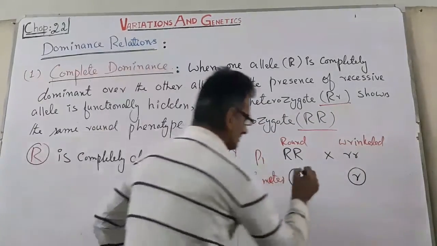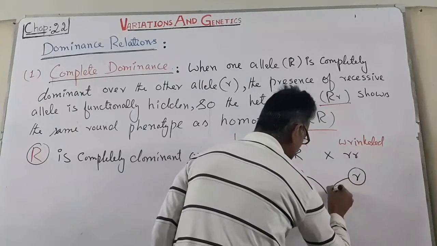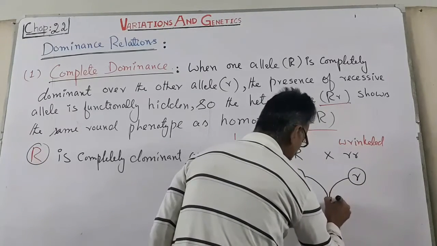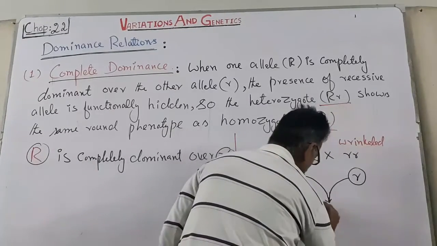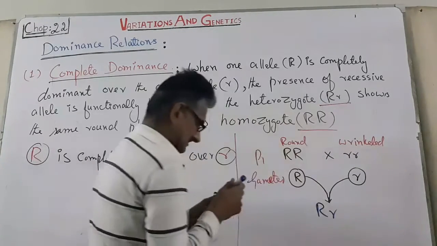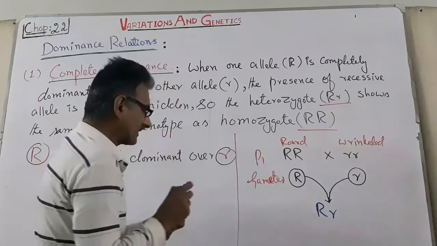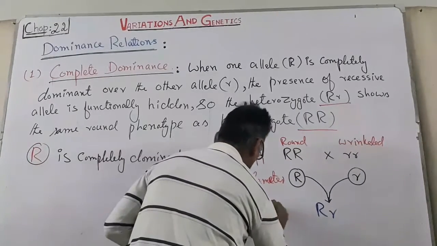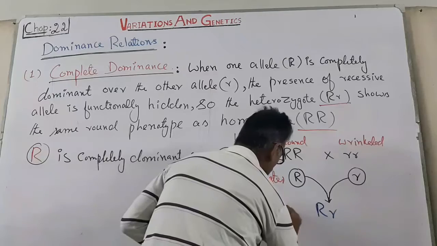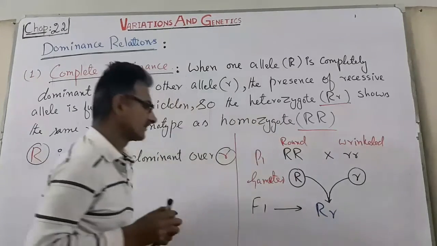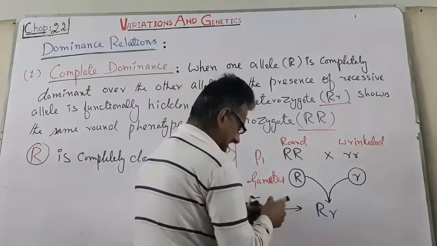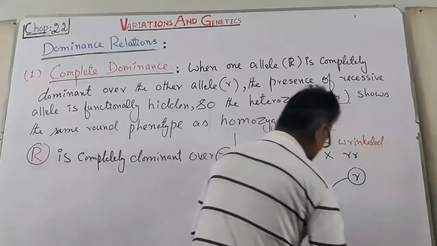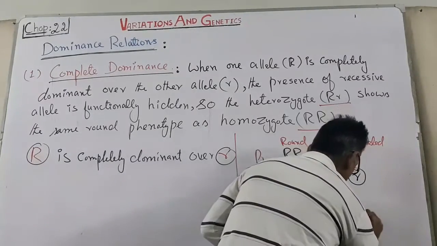And so when fertilization occurs, we get the capital R small r genotype, and this is the F1, first filial generation, and this plant is round seeded.